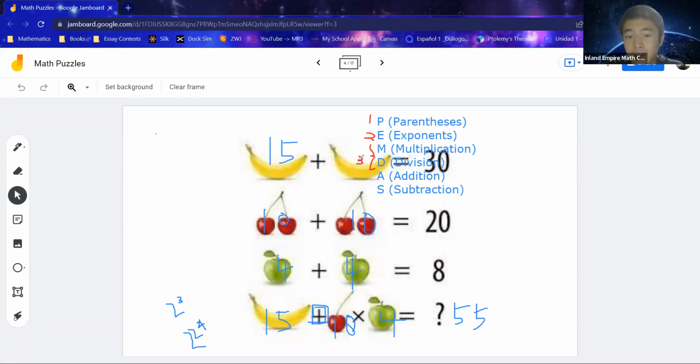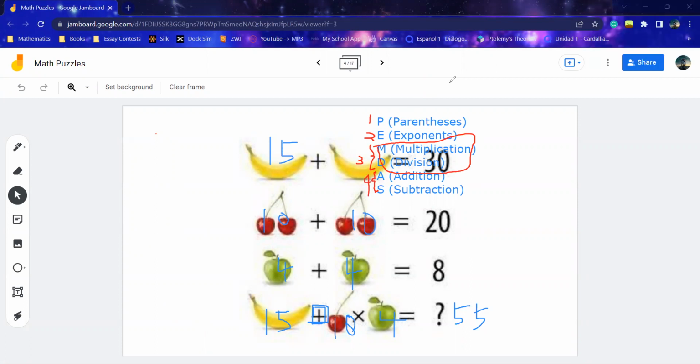It doesn't matter if you do division before multiplication, but in general you do these two as the third step. After that, you do addition and subtraction. Again, it doesn't really matter what order you do these two. Does that make sense? Clarifies it a bit. Yes. All right, great.